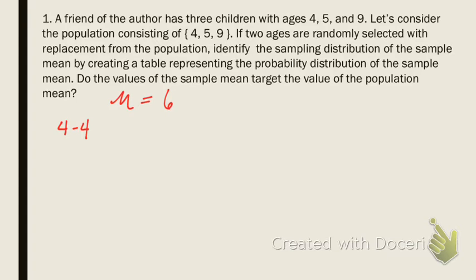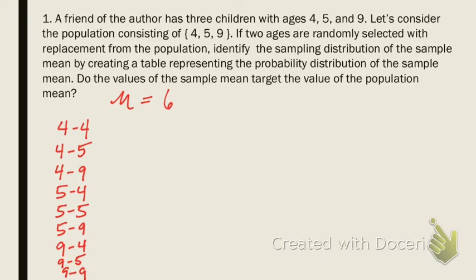Then I can have 4 and 5, 4 and 9, and then 5 and 4, 5 and 5, 5 and 9, 9 and 4, 9 and 5, 9 and 9. It won't usually be more than 4 or 5 in the population, or we would be here forever. So we're keeping the population small for that reason.